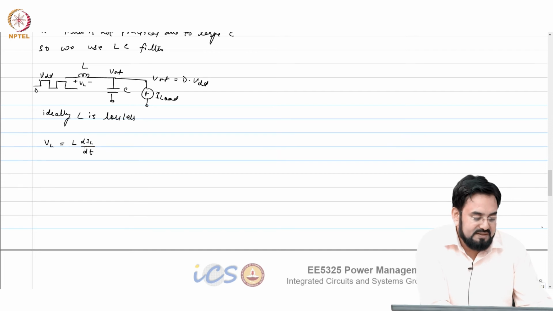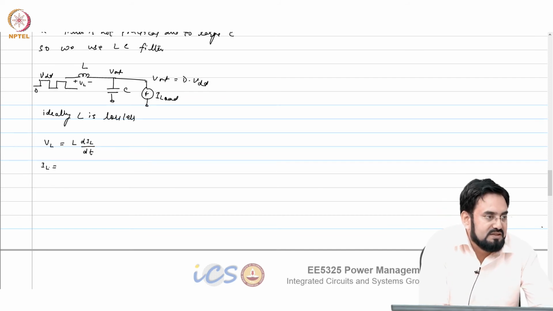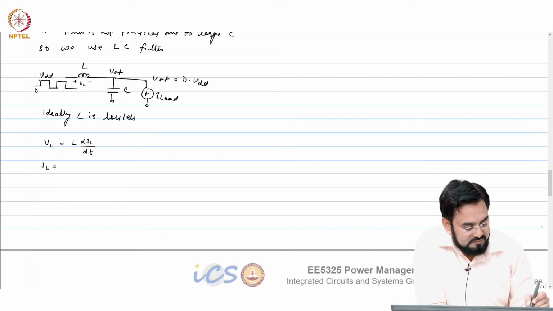So if I want to find the small signal current, what will that be? It will be the integration of VDD, so 1 over L times the integral of VL dt.